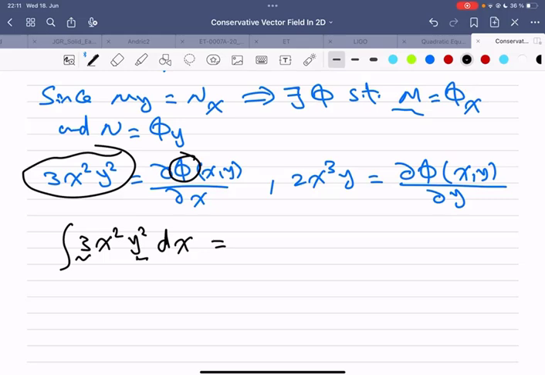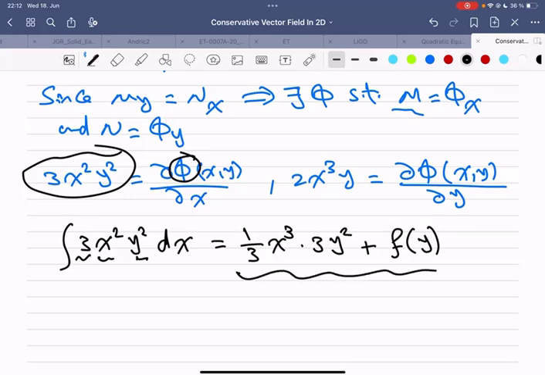So when you integrate x to the power 2 with respect to x, it will be 1/3 x to the power 3 multiplied by 3 y squared plus a constant. The constant here will be a function of y, because if you differentiate this according to x, this will be 0. This is the idea. So now this is phi(x,y).